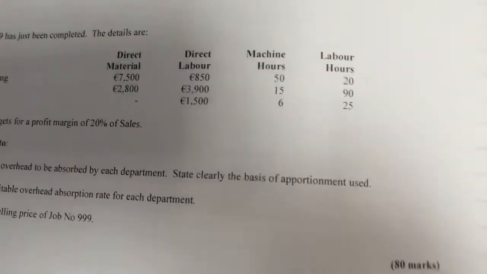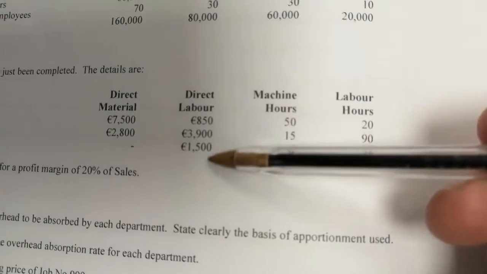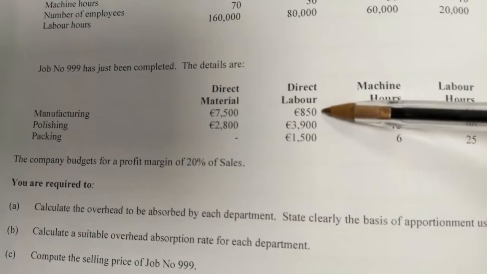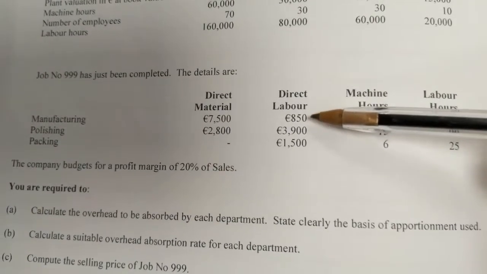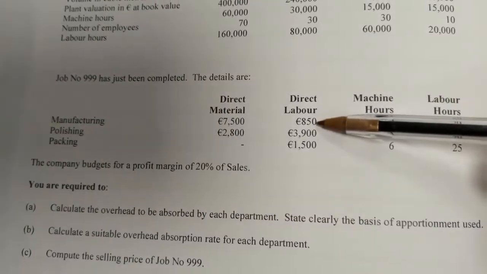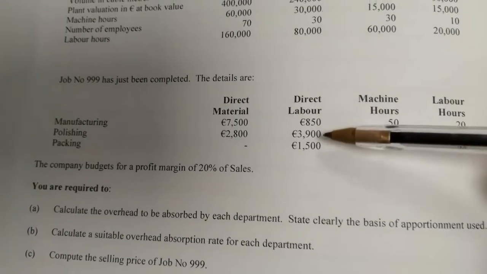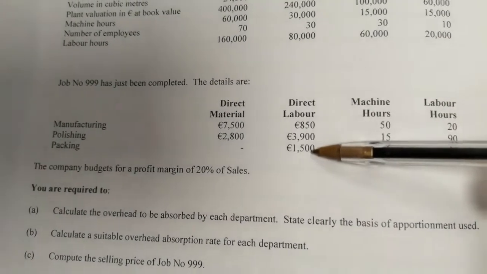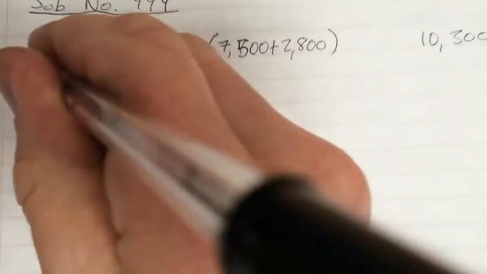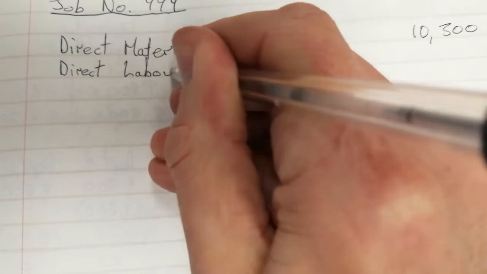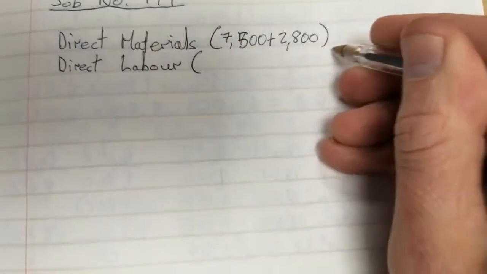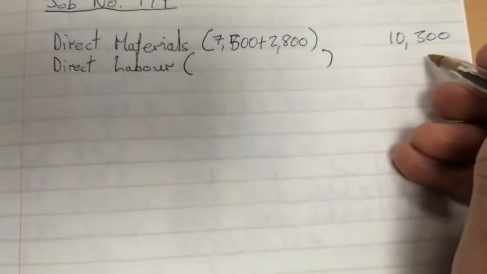The next thing, they tell us the cost of the direct labour that was used in each department. So we paid our workers 850 euros for the work that was done in the manufacturing department, this much in polishing and this much in packing. Again, we'll have a line for direct labour, put the workings in a bracket here, and put the total amount over here.